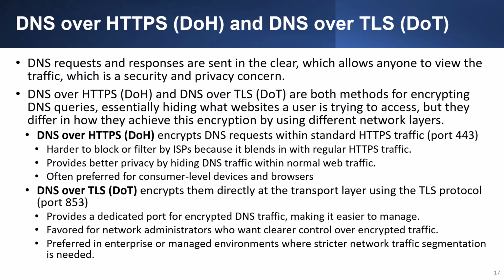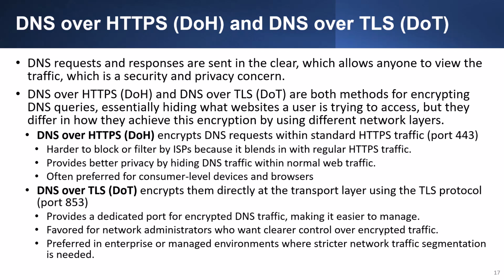DNS requests and responses are sent in the clear, which allows anyone to view the traffic, which is a security and privacy concern. DNS over HTTPS, or DoH, and DNS over TLS, or DoT, are both methods for encrypting DNS queries, essentially hiding what websites a user is trying to access, but they differ in how they achieve this encryption by using different network layers.